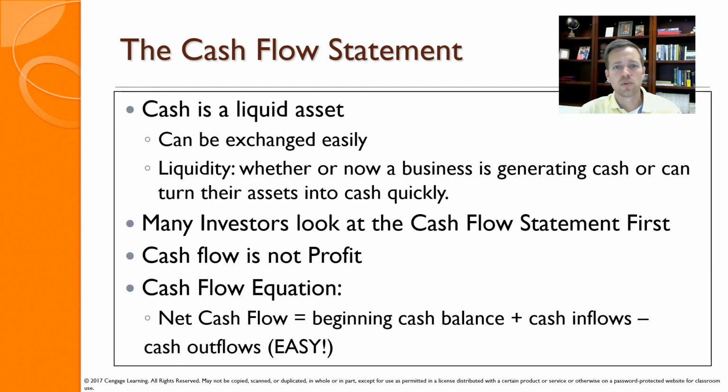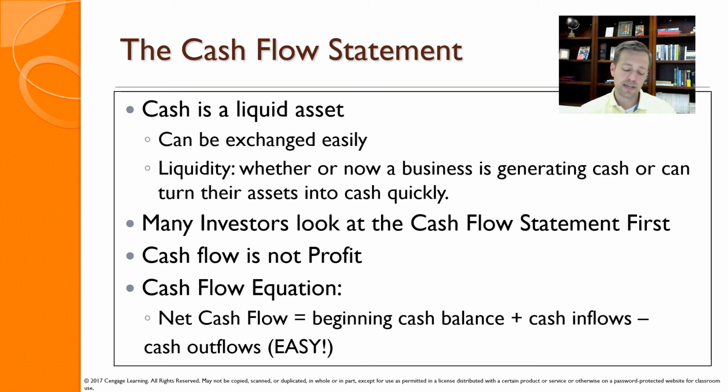So why is cash important? Well, cash is what is known as a liquid asset, meaning it can be exchanged easily. So the difference between having cash in your wallet or cash in your bank account versus having hard fixed assets, like maybe something at your house you could go sell, a piece of machinery, inventory, or otherwise, is that cash is so much more easily exchangeable when you have a financial obligation.